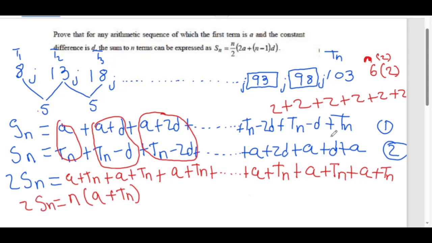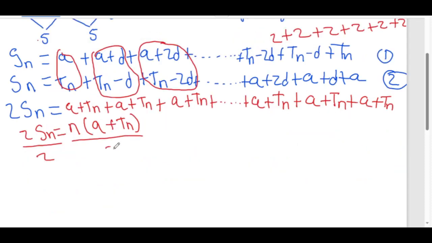I hope you're following me. And then from here, we divide by 2. Remember, we're looking for Sn, and then this cancels. Our Sn is going to be n over 2 into a plus Tn.